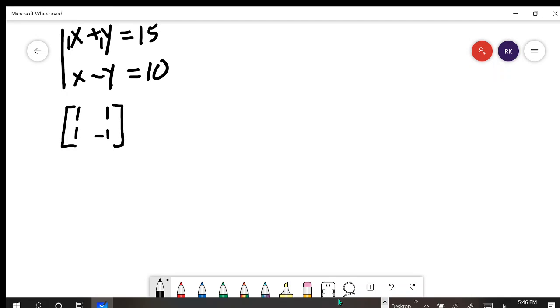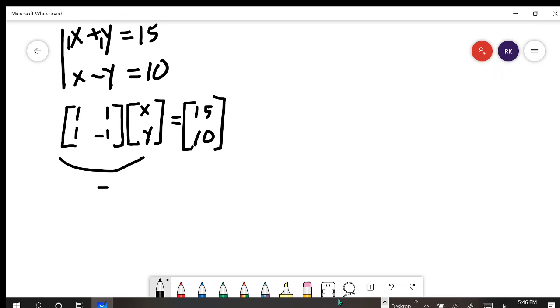And then you multiply by x, y as a matrix, like this, and on the right-hand side, you put those numbers like a matrix of 2 by 1. Then as I just discussed, if you multiply these two, you get a matrix that is 2 by 1 and is x plus y and x minus y.